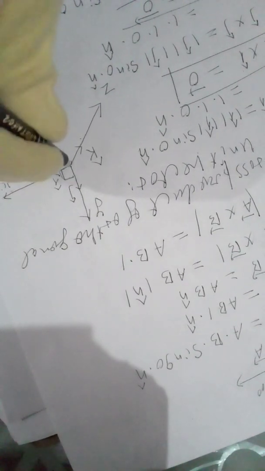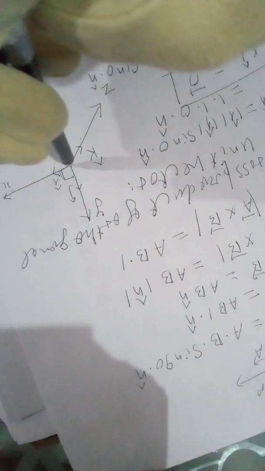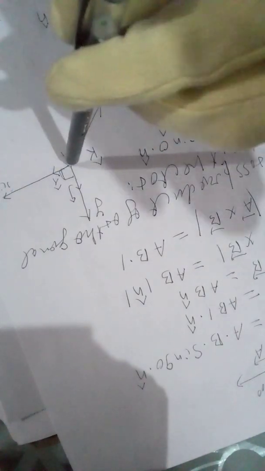To find the direction of j cross k, we rotate a screw from j to k, or curl your fingers from j to k.